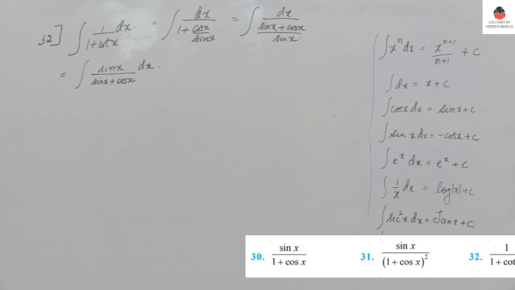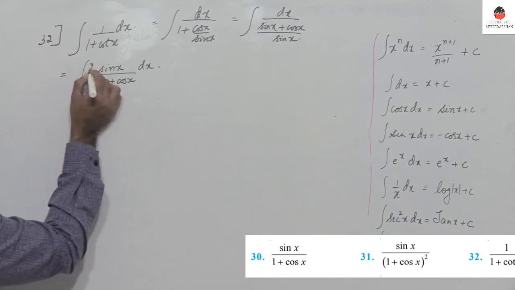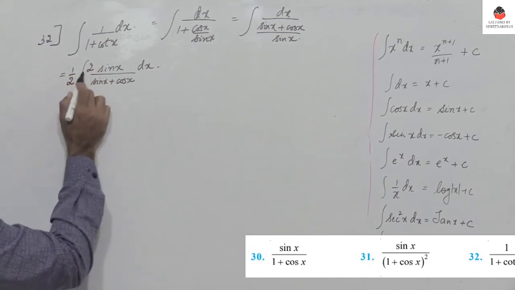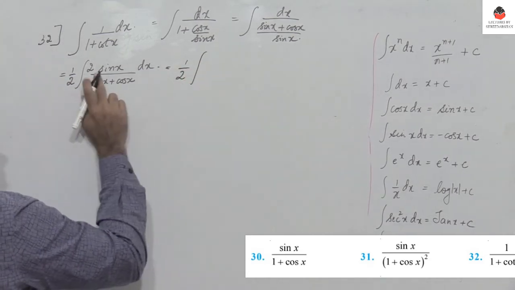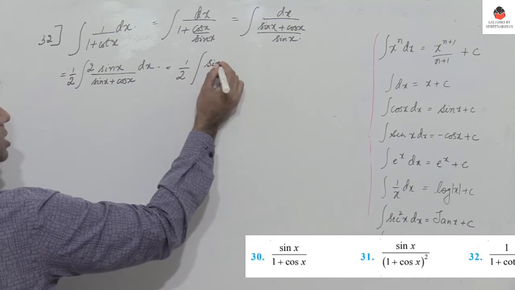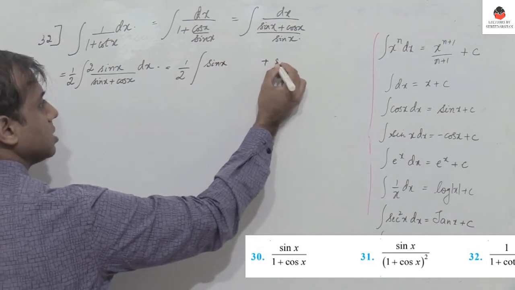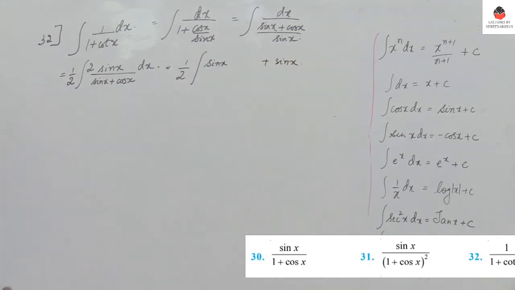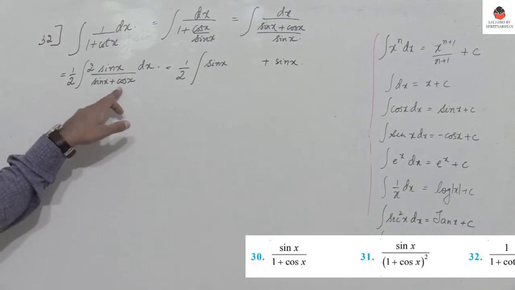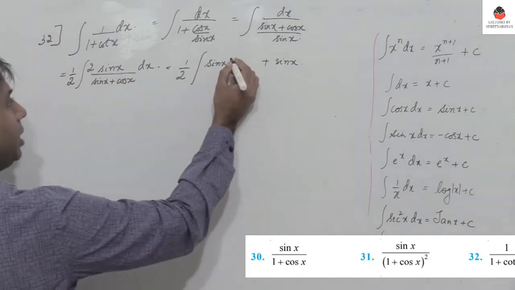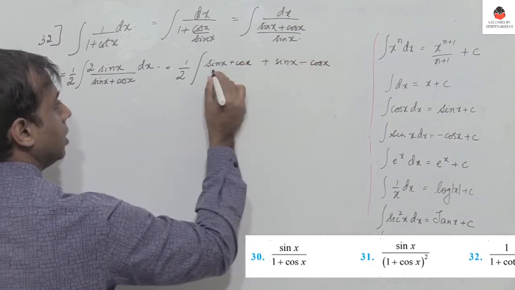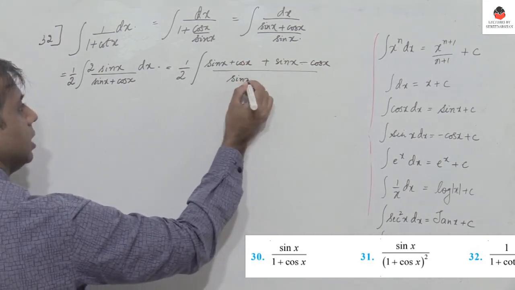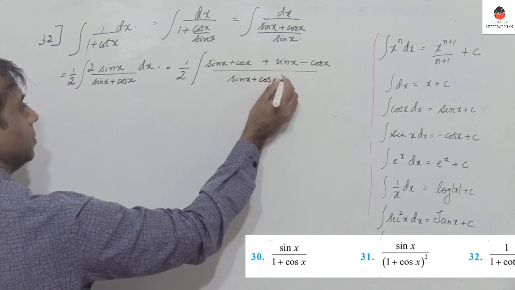Now let me multiply and divide by 2. So I have 2 sin x here, and I have 1 by 2. So 2 sin x can be written as sin x plus sin x. In the denominator, I have sin x plus cos x. So what I do is, let me add cos x and let me subtract cos x.